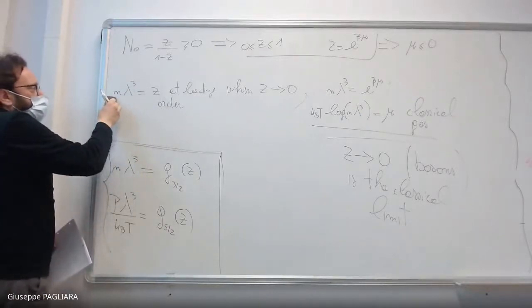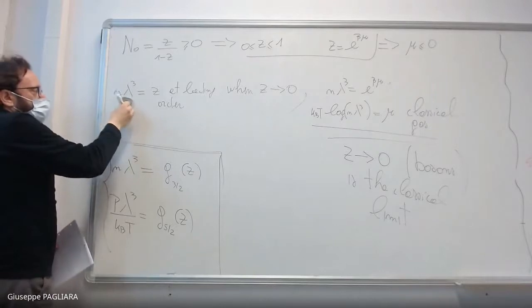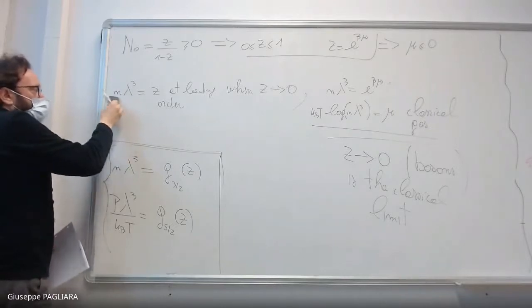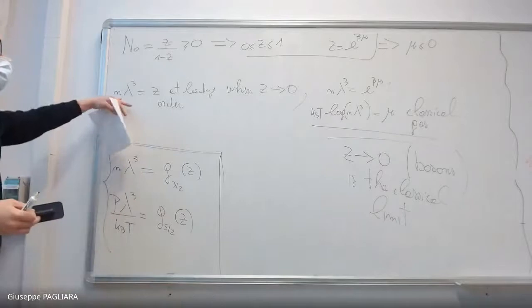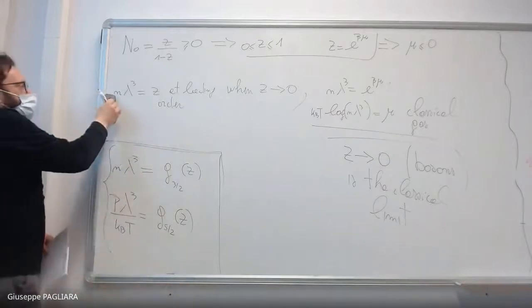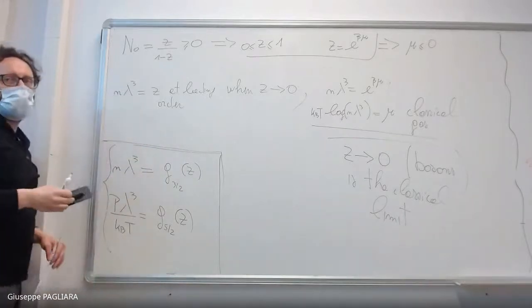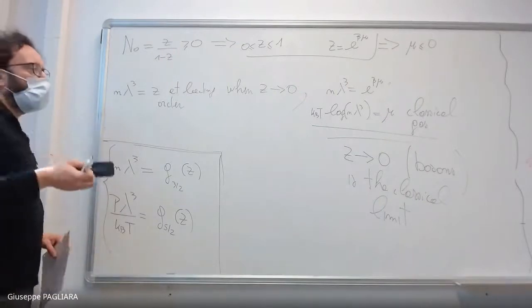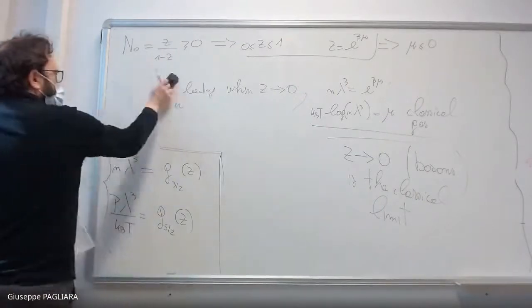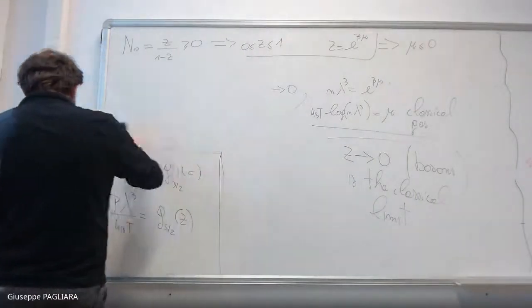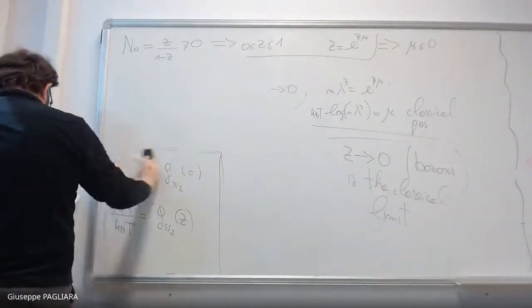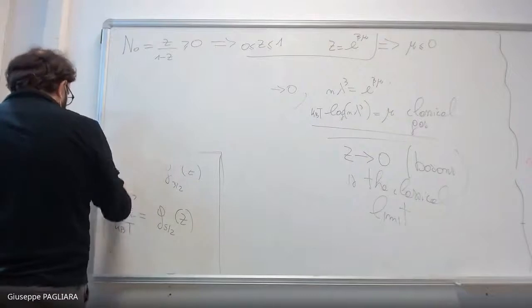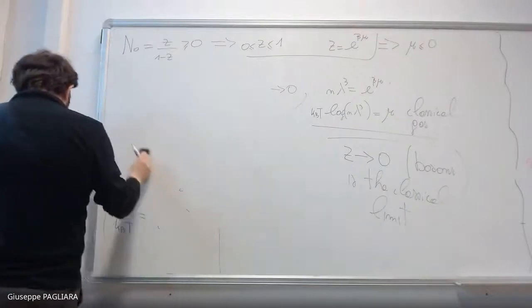We always said that this number here provides the range of validity of the classical case, which is only when n lambda cubed is a small number. That means small density or large temperature.